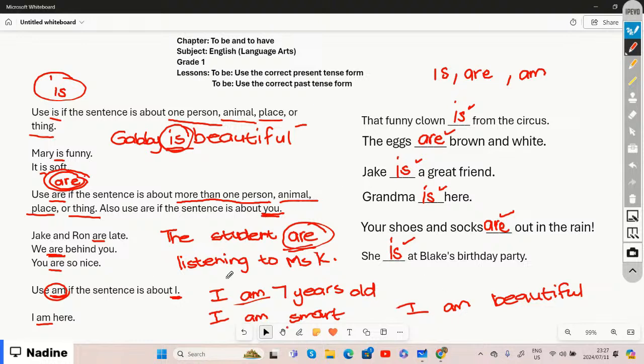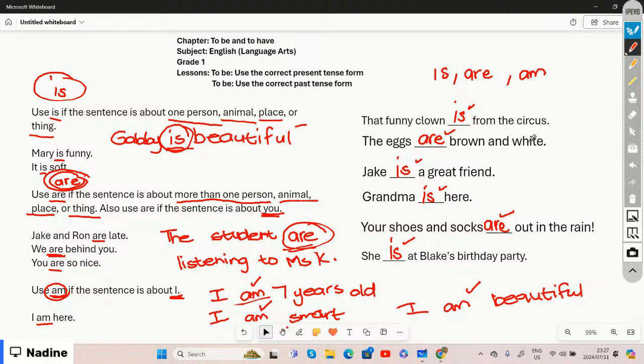And then we use the word am if the sentence is about I. So if you say I did something, then you're going to say I am 7 years old. I am smart. I am beautiful. I am tall. I am short, right? So that is how we use is, are, and am.